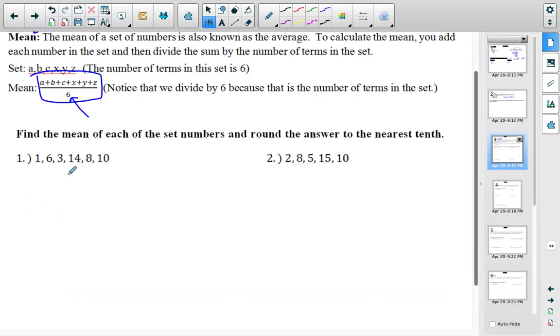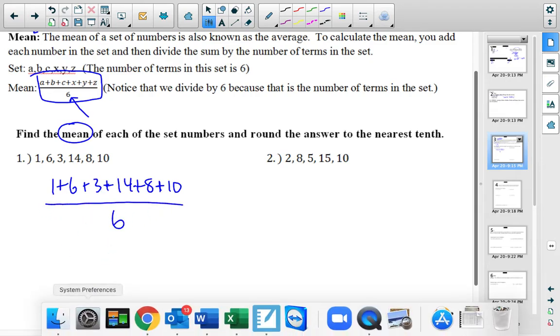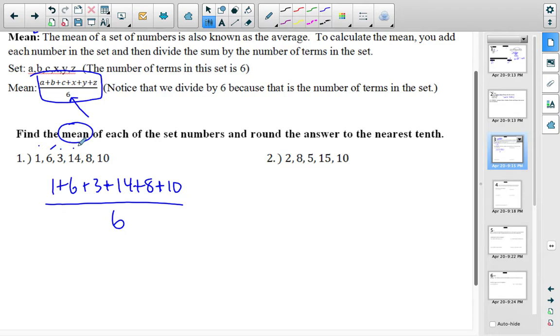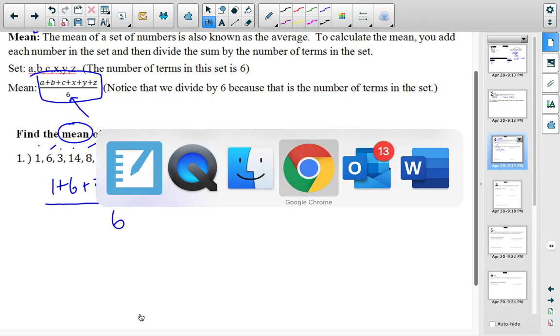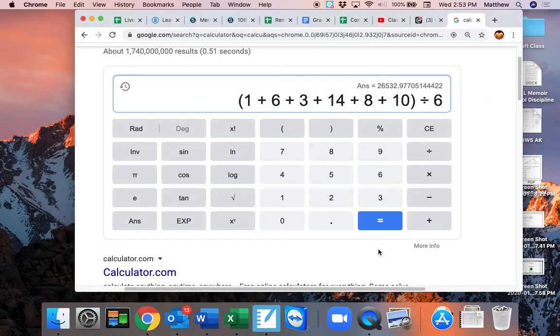So if I wanted to find the mean or average of this set, I would add all of these. Plus, my pluses aren't great, sorry about that. And divide by 6. Why 6? Because 1, 2, 3, 4, 5, 6, I have 6 terms in that set. And if I go to my calculator, I've already preloaded that, I get 7.